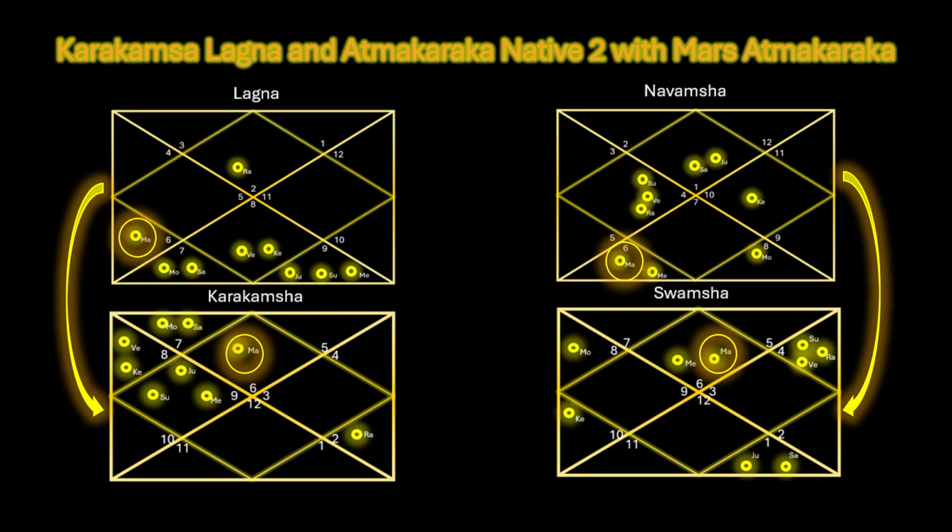Sun was in Sagittarius, so in the Karakamsha also, Sun is in Sagittarius. In the Swamsha chart, according to the Navamsha chart, the Sun, Venus, and Rahu are in Cancer. So again, in the Swamsha chart, Sun, Venus, and Rahu will be in Cancer. But you're looking at the chart for both Karakamsha and Swamsha from the Virgo rising.